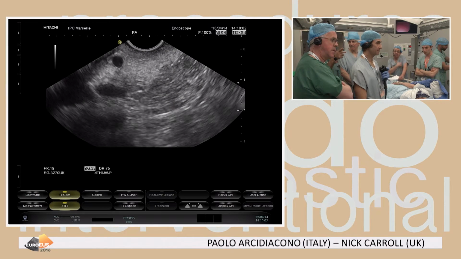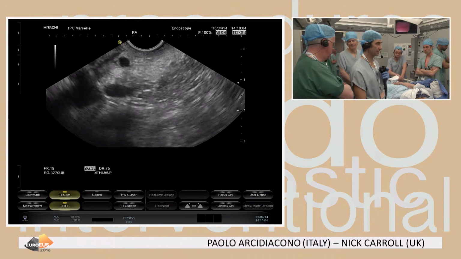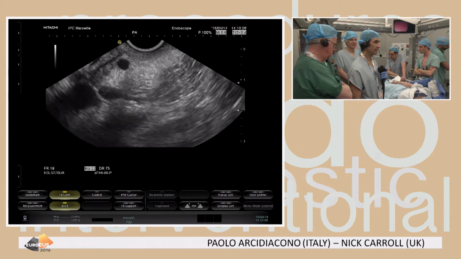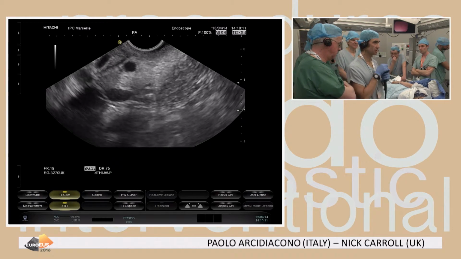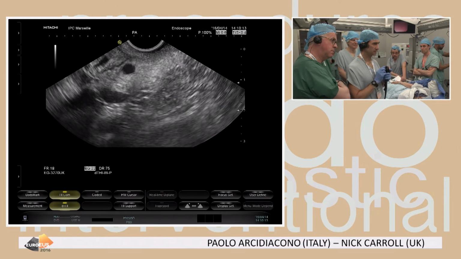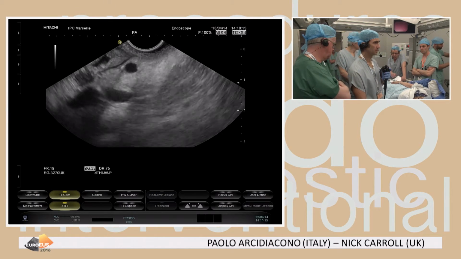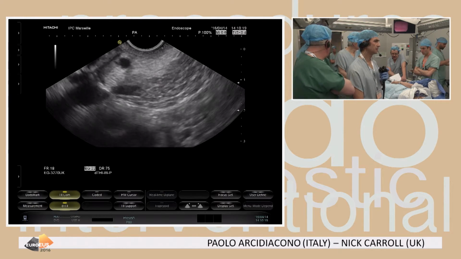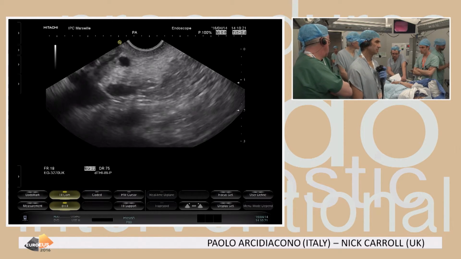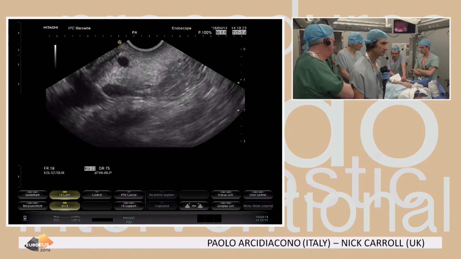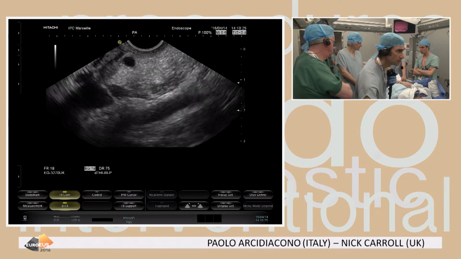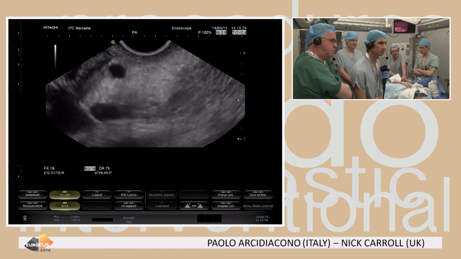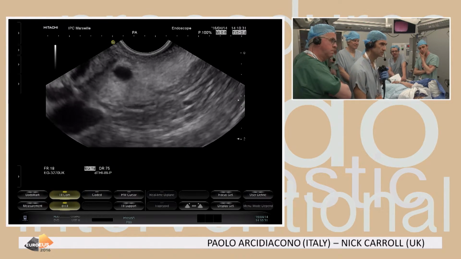About IPMN, are we talking about IPMN lesion or adenocarcinoma? The survival curve, the mean survival at 5 years for the T1 lesion, which is less than 2 centimeters, is around 52%. This is on the surgical series.